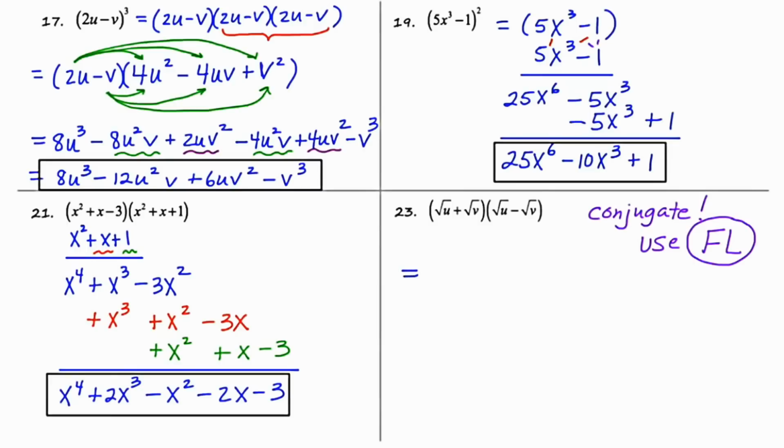The product of root u times root u is u, and the product of positive root v and negative root v is negative v. Initially this problem looks a little intimidating because of all those square roots, but because it's a conjugate situation, it's actually pretty quick and pretty easy.